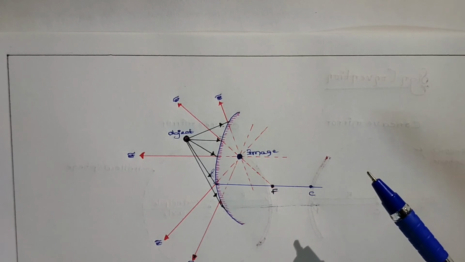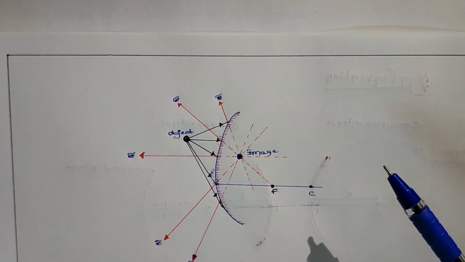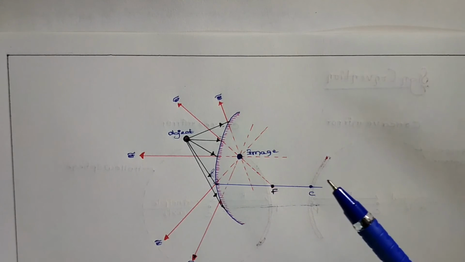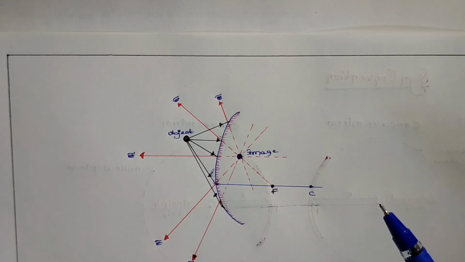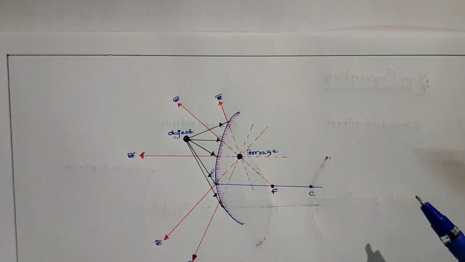The image formed looks smaller than the object from a distance. If you see it from a certain distance, the image looks smaller than the object, and it gets larger as the object is brought closer to the mirror.